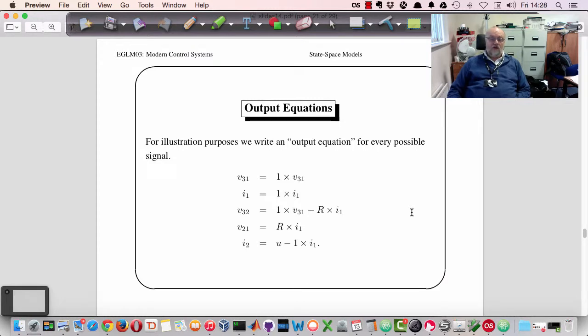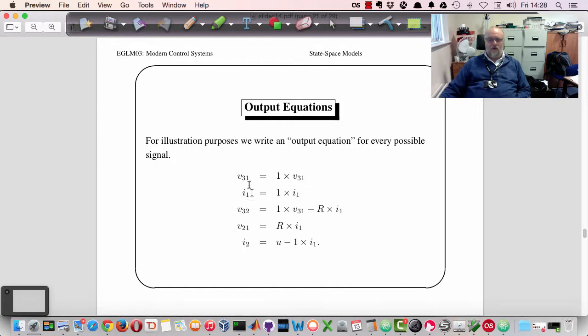We can also think about the output equations. For illustrative purposes, these are all the outputs that we could get out of the circuit we used in example 1. So this is the voltage across the capacitor, V31, and this is the current through the inductor, I1. Those are the states that we've already defined, so they're just one times the state variable. And then we've got some combinations. So V32 is V31 minus R times I1, and V21 is R times I1, and I2 is U minus I1.